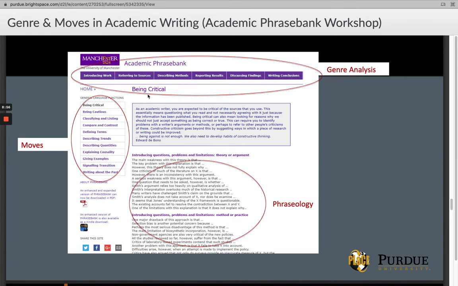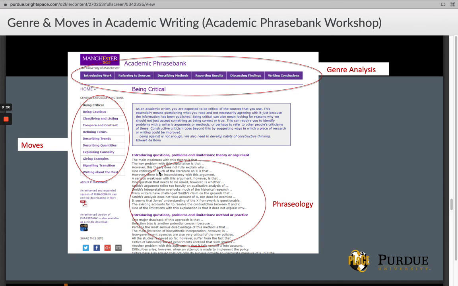So if we want to see how to actually be critical, so we have this idea, oh, I need to criticize either my own findings or someone else's findings, then in this case you would just click on that, and you can look down and see that there are lots of, you might call normal or common or acceptable existing phrases.